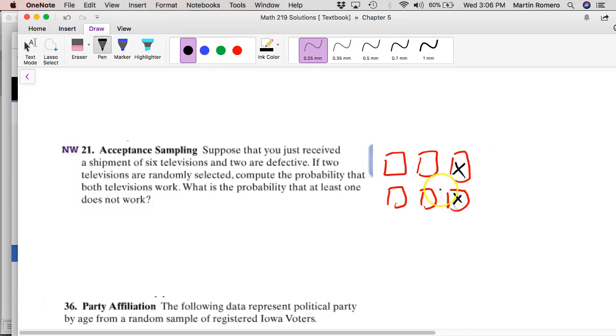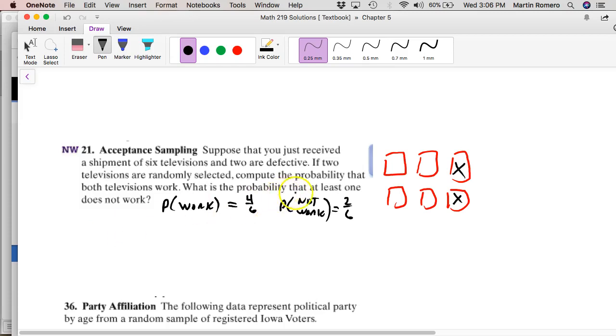Before we do any calculations, the probability that a television works is 4 out of 6, and the probability it does not work is 2 out of 6 to start off with.